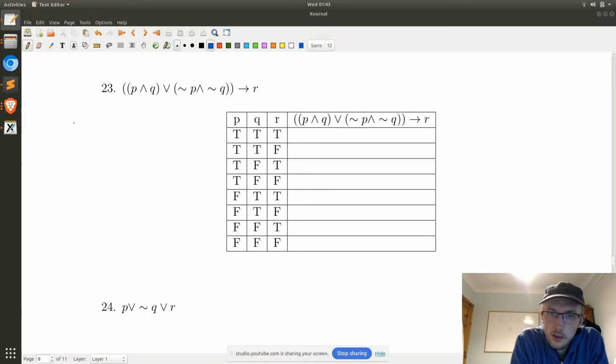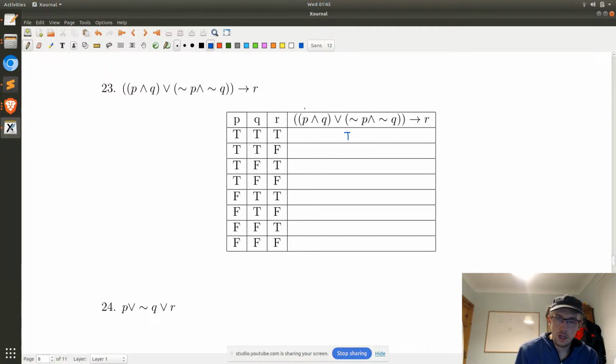Oh, you can't do it. It's not that simple. Sorry. Just try. Okay. The top row is true. Notice we have a conjunction here, but a disjunction here, and just get on with it.